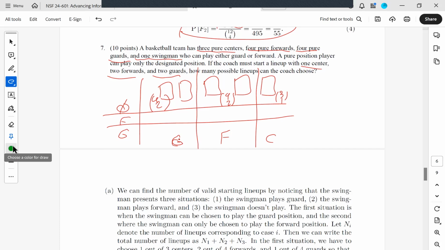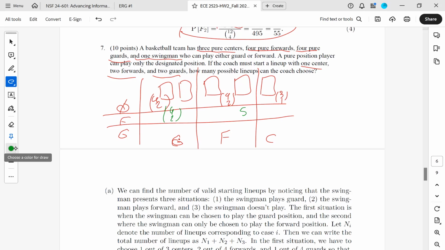Now, if we reserve 1 of the forward spots for the swingman, what happens? Now, 1 of the spots is filled by the swingman. How many choices do we have to fill out the guards here? Similar to the previous one, we need to pick 2 out of the 4 people that we have. So it's 4 choose 2.